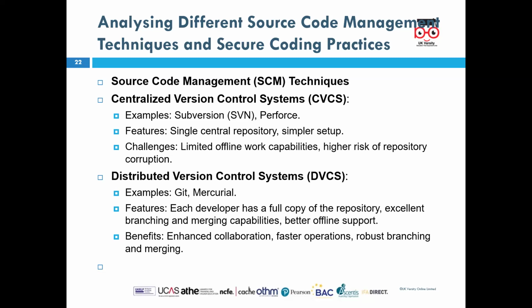Then distributed version control systems, for example Git, as we mentioned so far. What are the features? Each developer has a full copy of the repository, excellent branching and merging capabilities, and better offline support. The benefits of Git are enhanced collaboration, fast operation, and robust branching and merging.